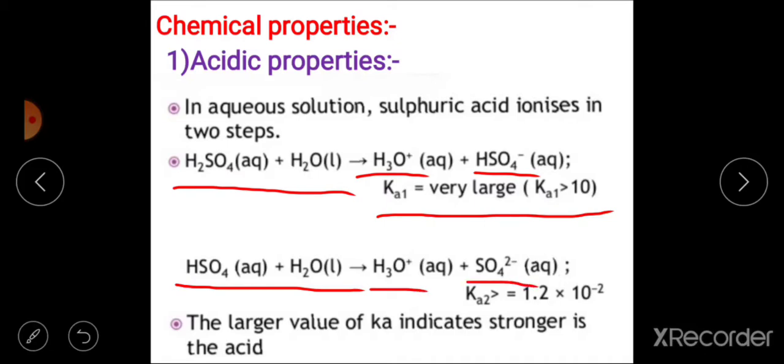The Ka2 is 1.2 into 10 raised to minus 2. A larger value of Ka indicates that the acid is stronger because it dissociates in a large amount into H+ and HSO4- ions in aqueous solutions.